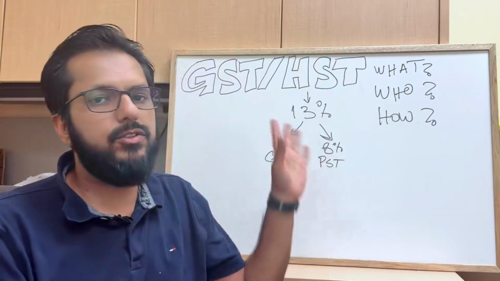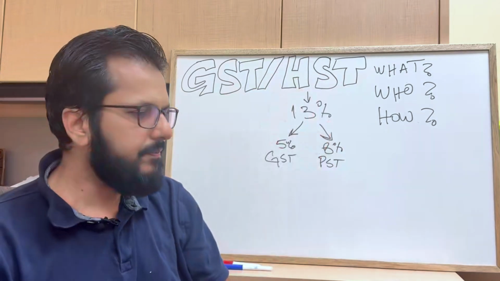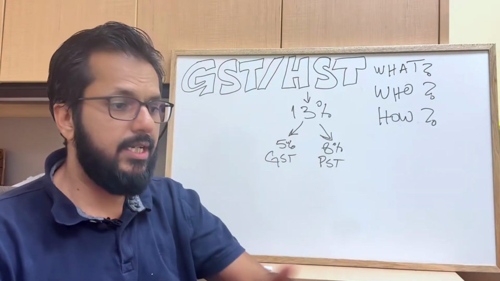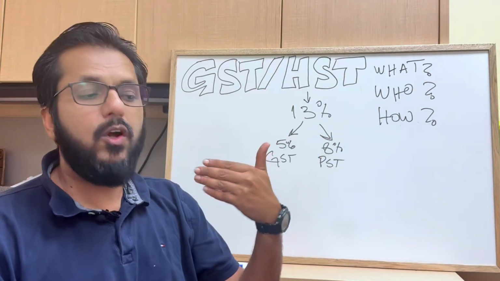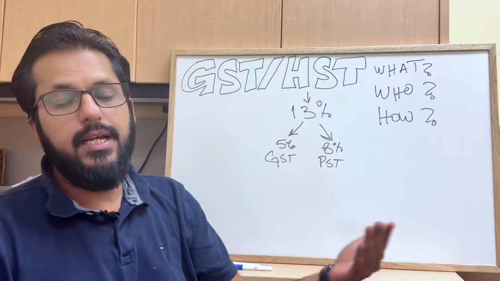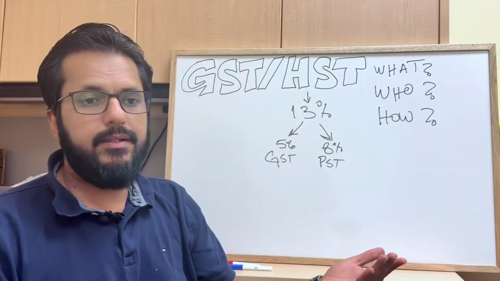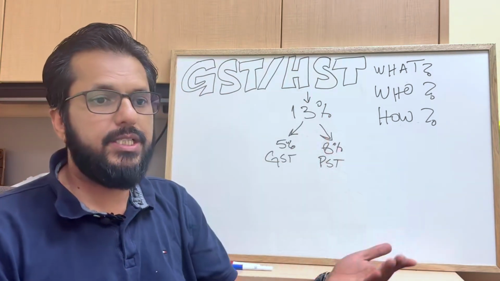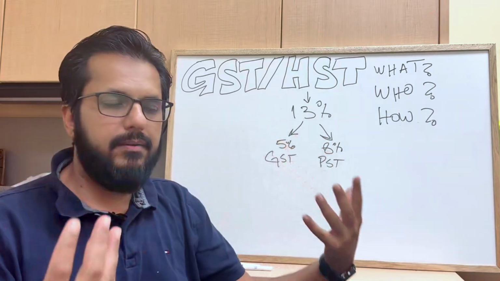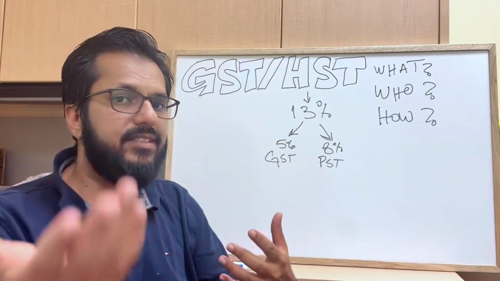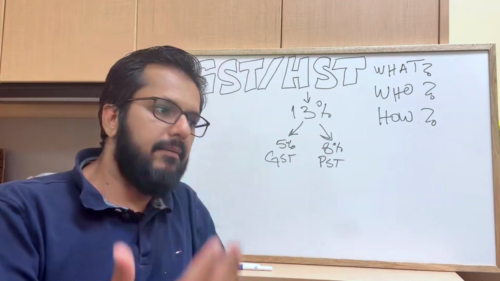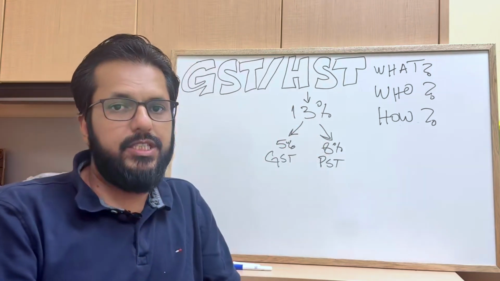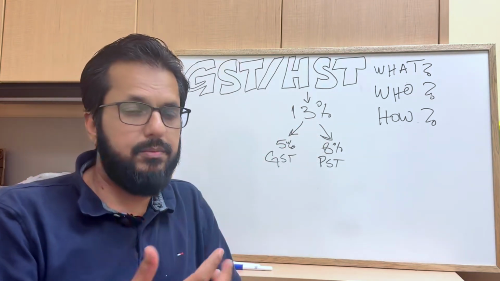But in Ontario, you just take care of the HST. And the second thing that you learned is that not every service, every product has the same application of GST, HST. It depends on the product and services that you are selling, what HST or GST rate applies to you.